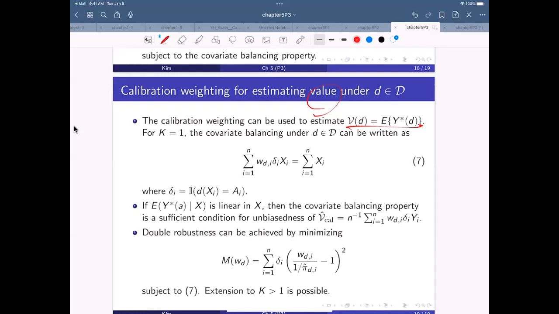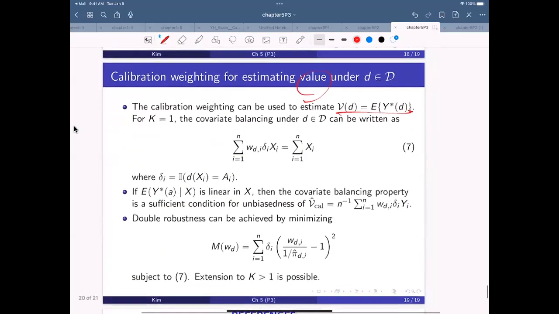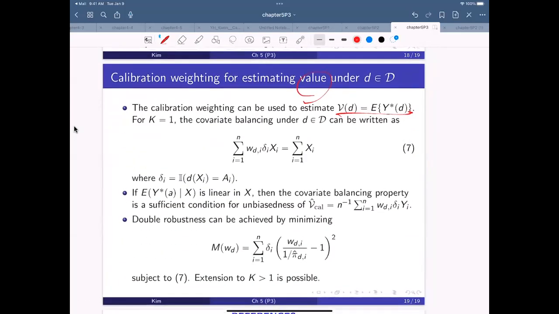And this is actually Q learning, because we are using the outcome model, which says that it's linear. So this is essentially a Q learning estimator. And if you want to make it doubly robust, then you should use this, right? That will take care of the value estimation using the propensity calibration weighting for K equal 1.